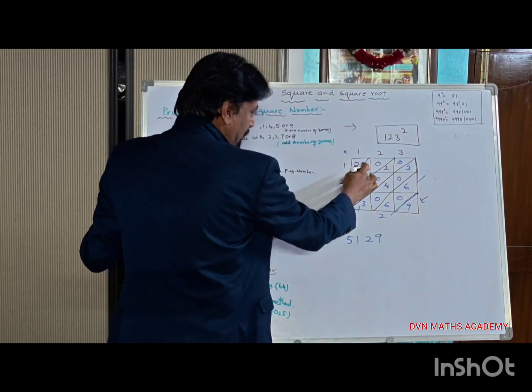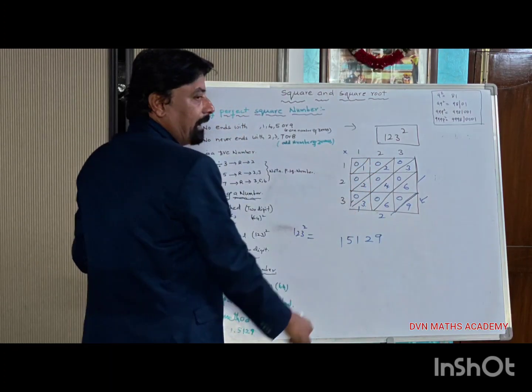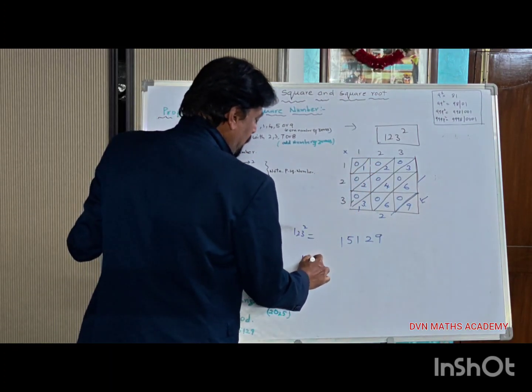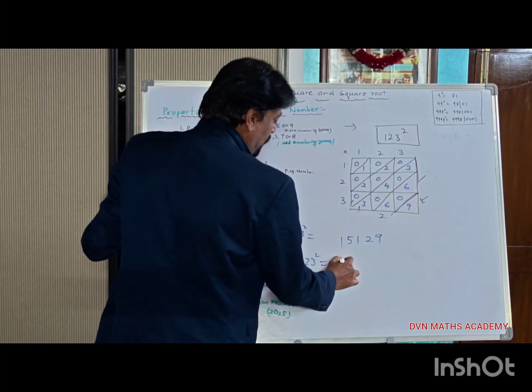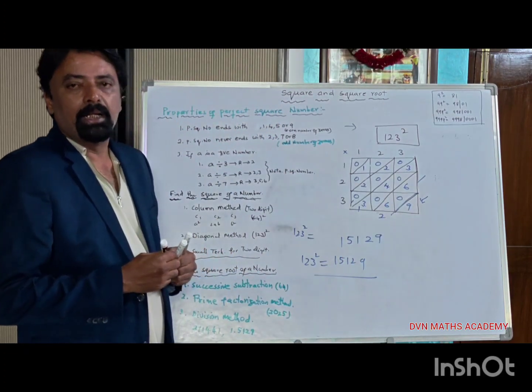In the last diagonal there is only 0, 1, so the value is 1. Therefore 123 square is equal to 15129, the square value of 123.